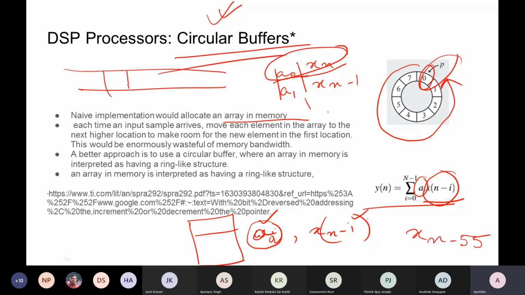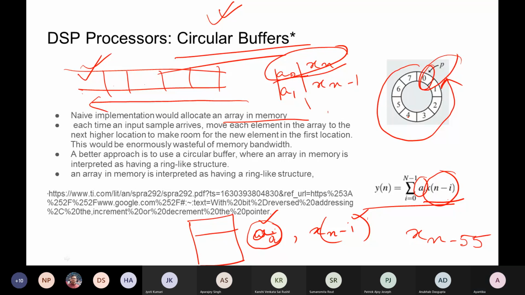So here, to reuse some block, you have to traverse the whole length, then again come back here, reuse this block, then this block, and so on. Whereas in the circular buffer representation of memory, reusing these blocks is quite easy.